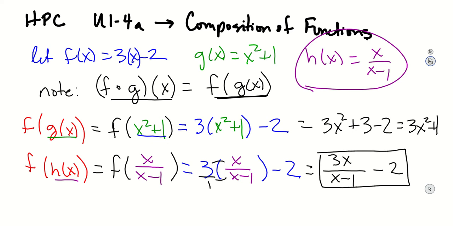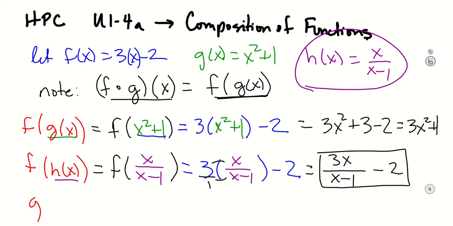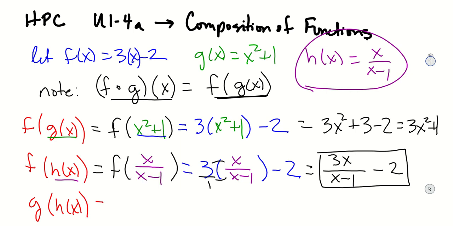All right, rocking and rolling. Let's do another example. This time we're going to do g of h of x, which is g of what h of x equals, which is x over x minus 1.